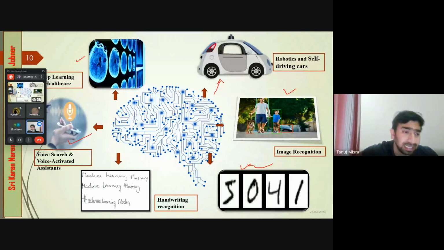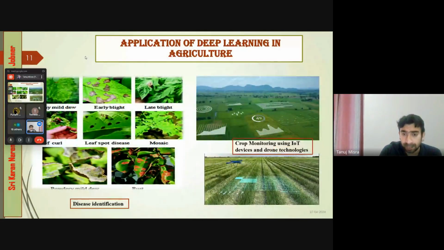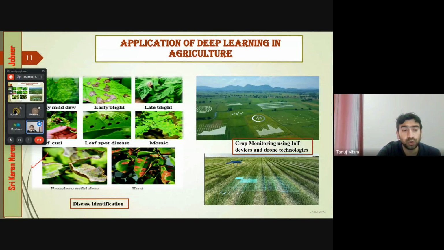Actually, nowadays, artificial intelligence and deep learning technologies are mostly used in the healthcare system. It's also used in the agriculture system. Nowadays, we'll take the example. Suppose we want to develop a disease recognition system.